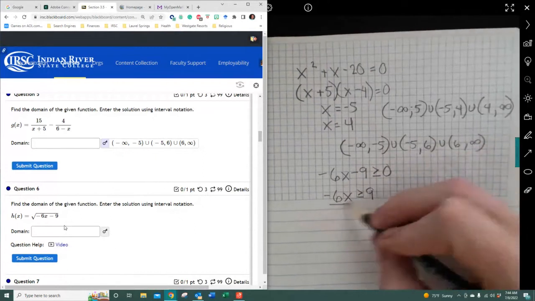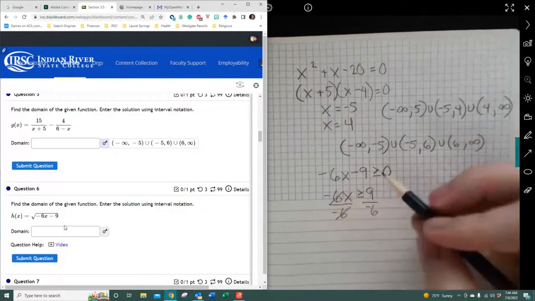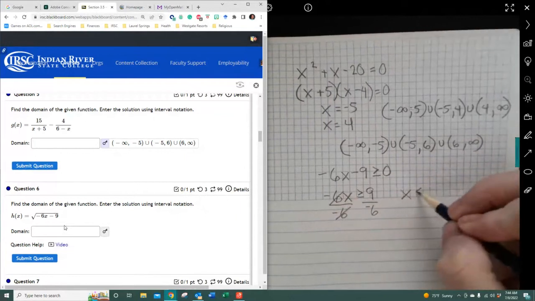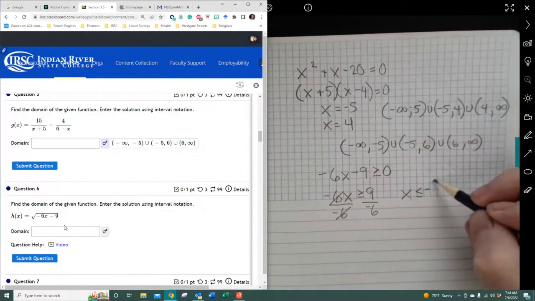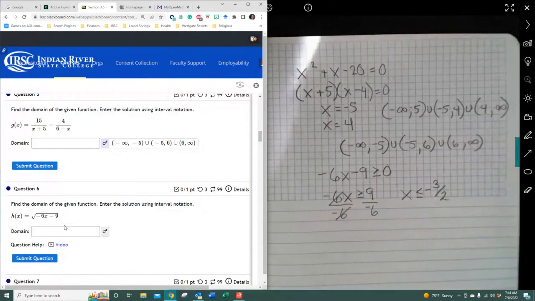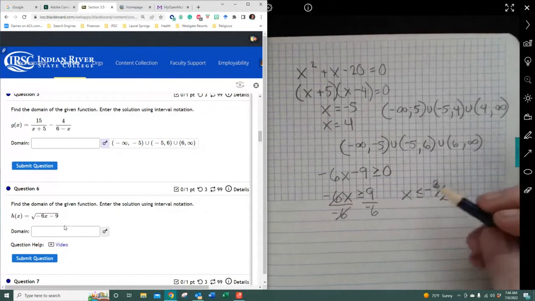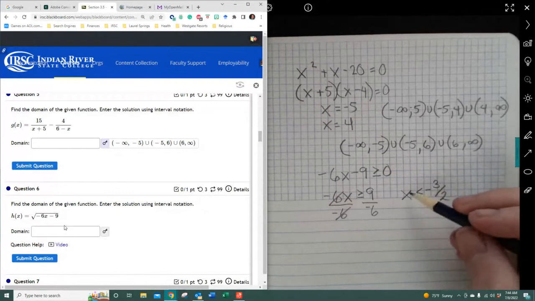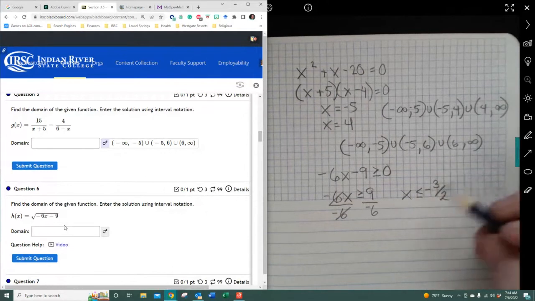Divide both sides by -6, and that switches my inequality. And then I get negative 3/2, because 3 reduces that, right? So now it's all values where x is less than or equal to -3/2.